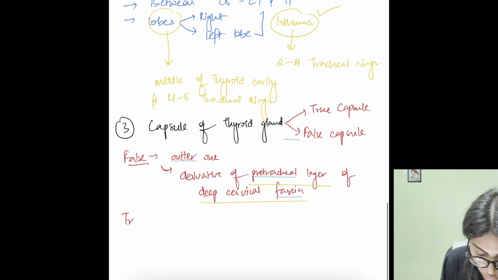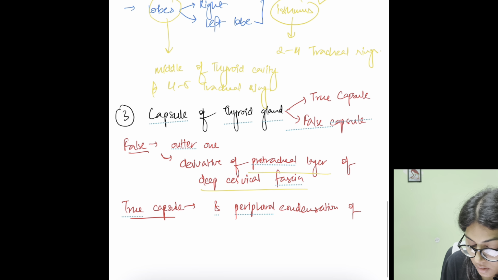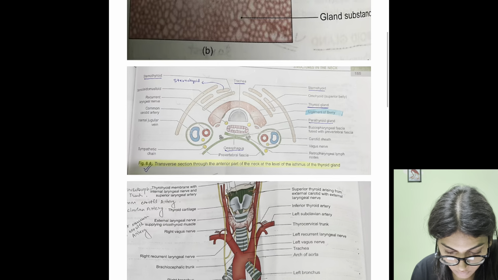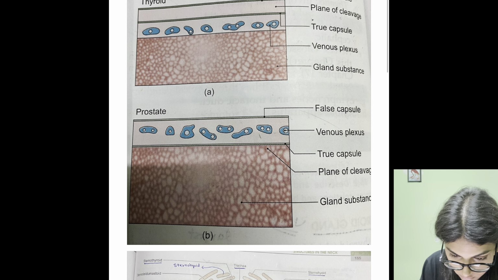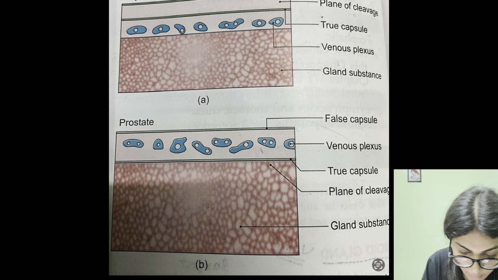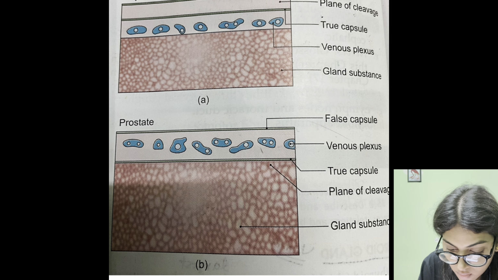And if we talk about the true capsule, it is a peripheral condensation of the connective tissue of the gland. In the diagram, this is a false capsule, which is the outer one, and this is our true capsule.